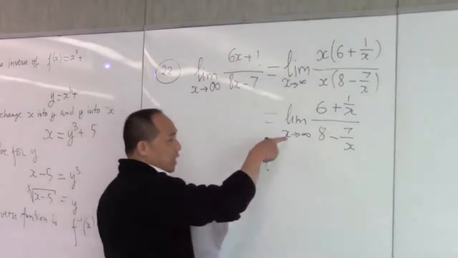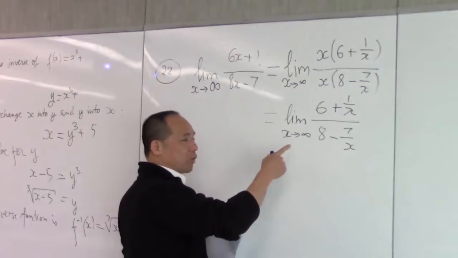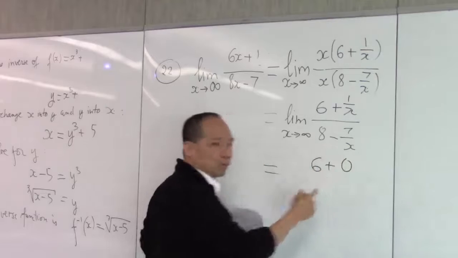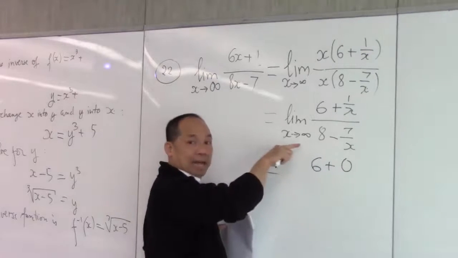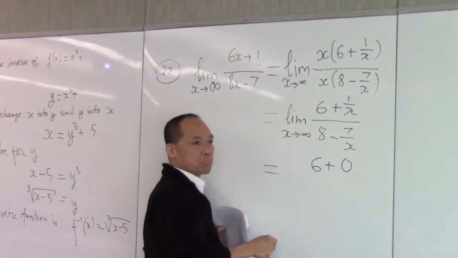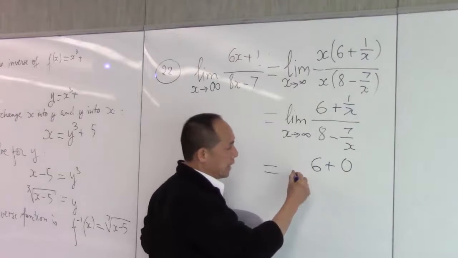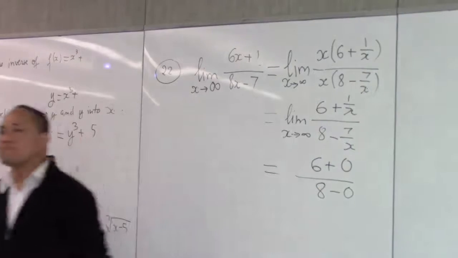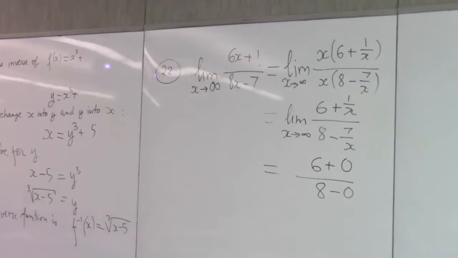So now you can write the number 6 plus 0, that's the limit, and here a minus 0. You see that?